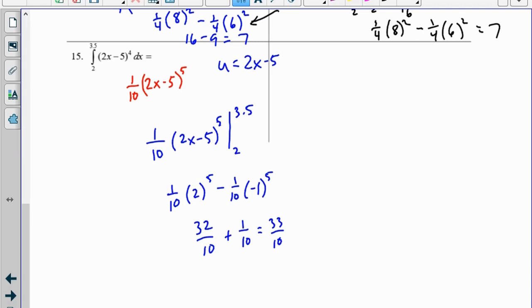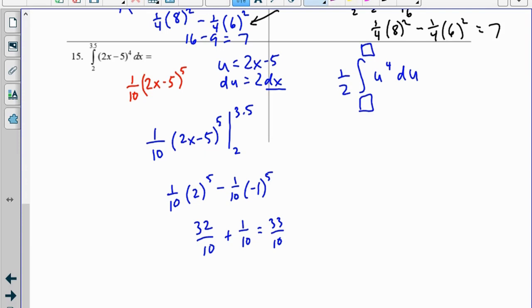If I do this with changing the bounds, I can do the integral of u to the 4th du, and remember that when I made the du substitution in that problem, I had a 1/2 on the outside. So now I can change the bounds and figure out what goes in these spots.